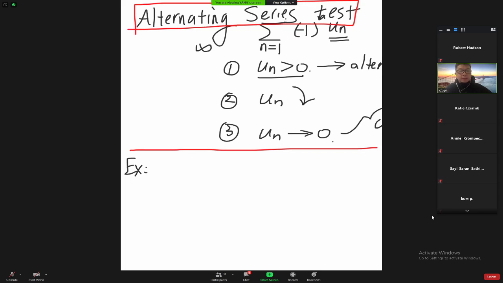I will take some examples from the book. Okay, how about this one?